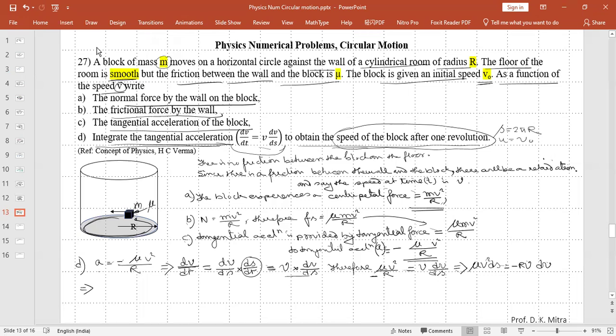So mu v square, here these two get cancelled and I have only one v left. So we have ds is equal to minus r dv by mu v.